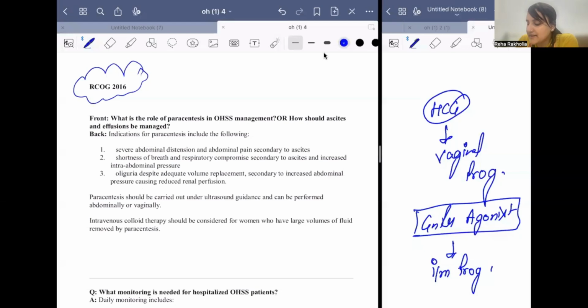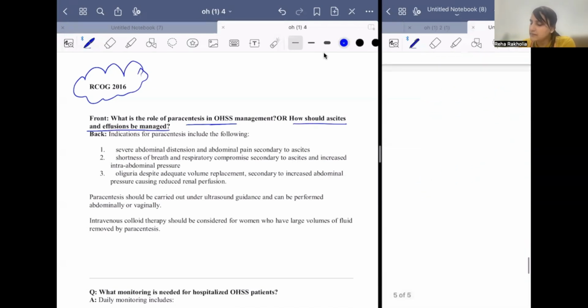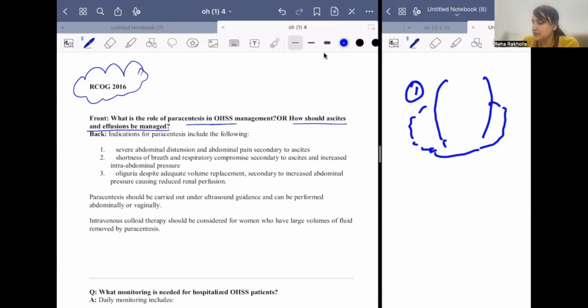What is the role of paracentesis in OHSS, or how should ascites and effusion be managed? See, what are the indications of paracentesis? First, if there is severe abdominal distension and abdominal pain, okay?